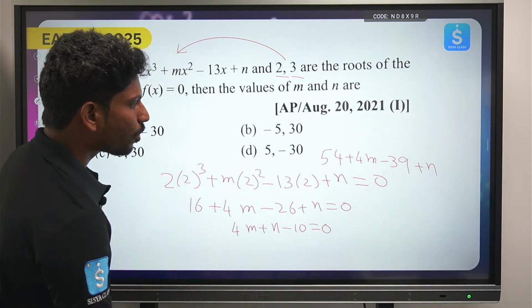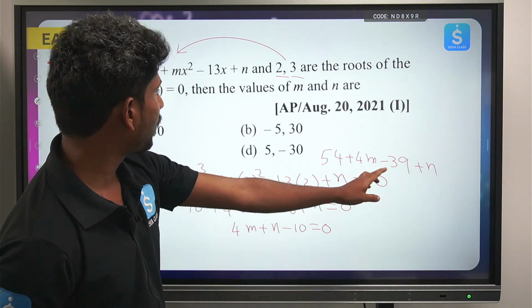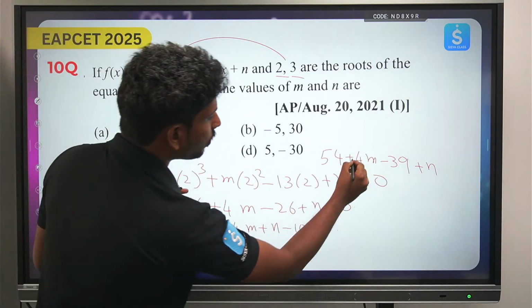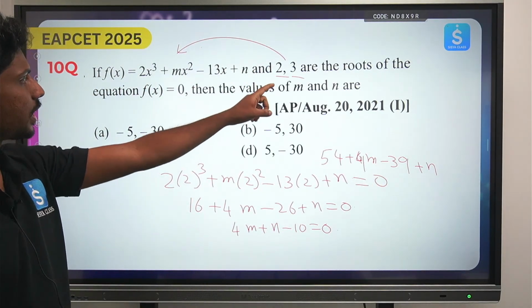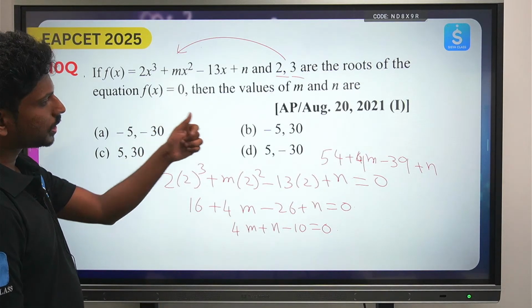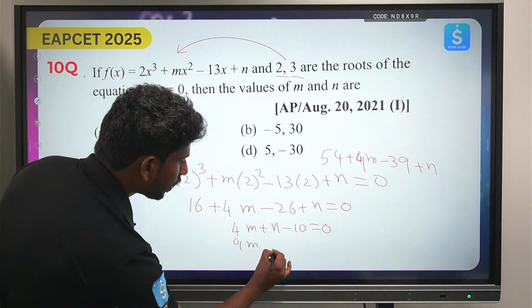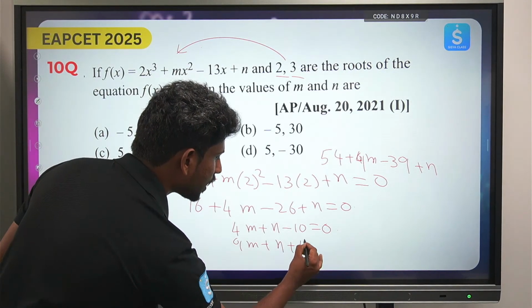Okay, so 3 3s are 9, so this will become 9m. Sorry, I hope my calculation is precise. 13 3s are 39. Yeah. So we have 9m plus n plus 15 is equals to 0.